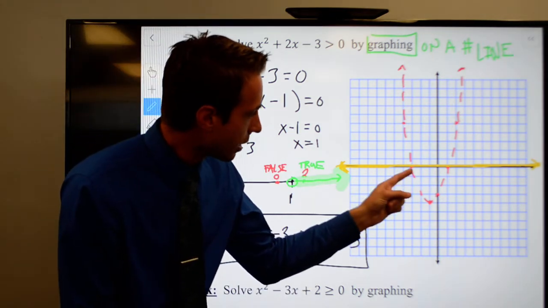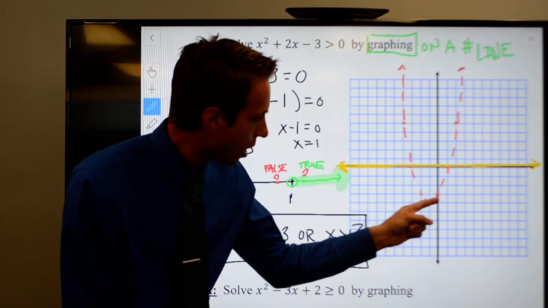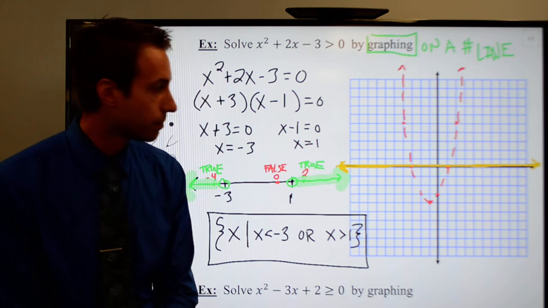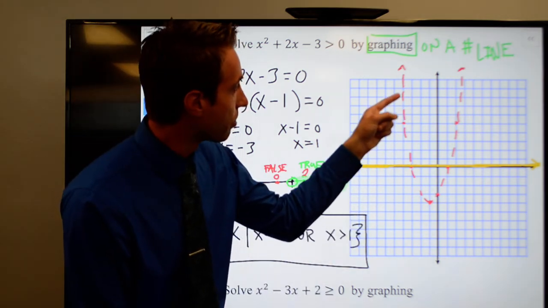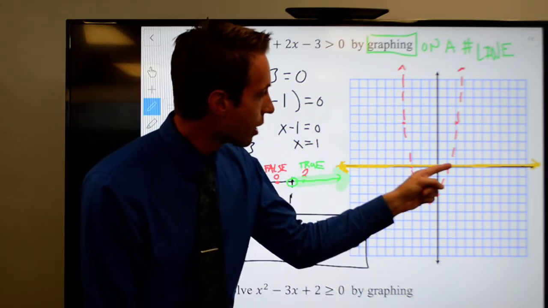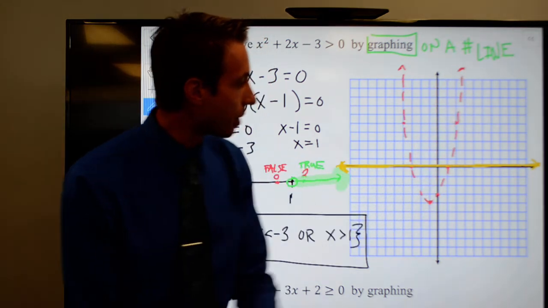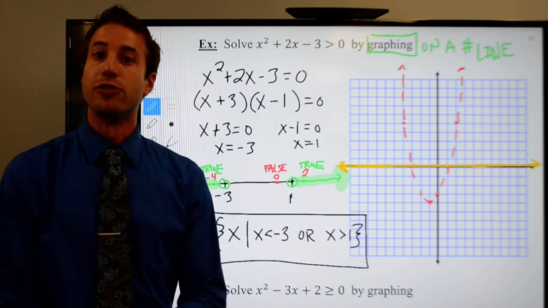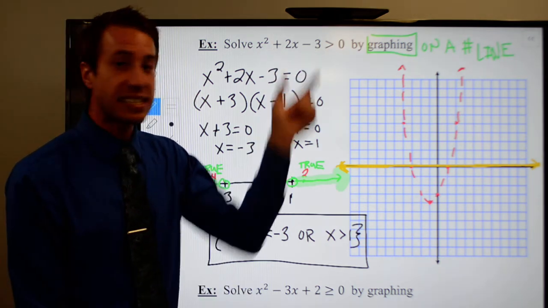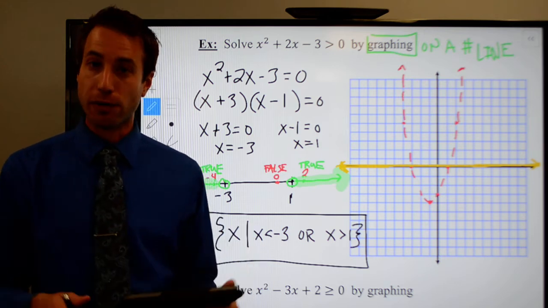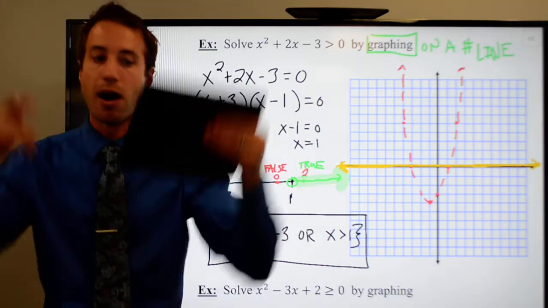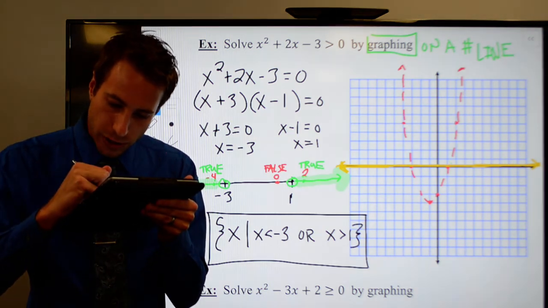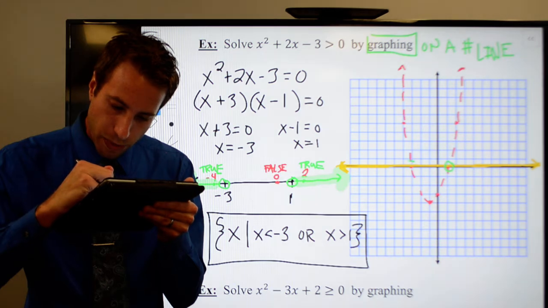Well, here my parabola is below the x-axis. So that's not my solution. Here my parabola is above the x-axis, and over here my parabola is above the x-axis. So the solutions to this inequality are the intervals where the parabola is above the x-axis, which would be an open circle here and an open circle here.